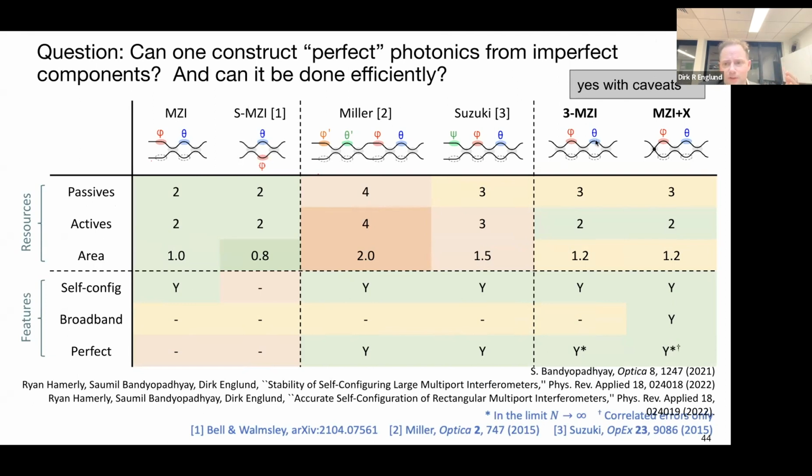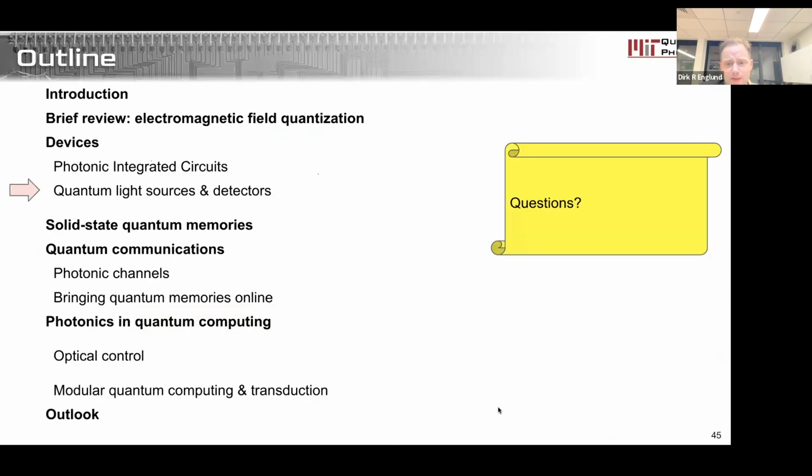In fact, we showed in this paper here by Ryan Hamerly that asymptotically, we can cancel errors perfectly in the limit of very large optical circuits. You have sufficient redundancy to cancel errors entirely. Errors due to phase mismatches and beam splitter imperfections, not errors due to loss, unfortunately.